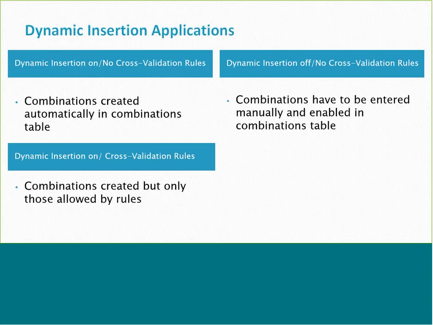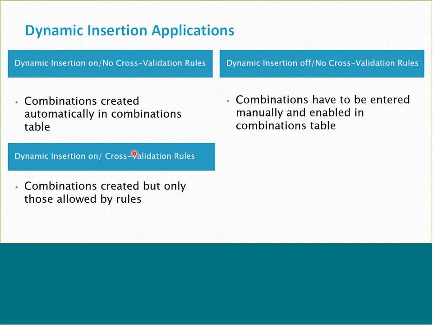When you have dynamic insertion off with no cross-validation rules, that means that the end user wants to enter the valid combinations manually in the combinations table, and those that are invalid will not be entered there. In this case, it means maybe the end user doesn't have very many combinations to manage, and they can do it manually.